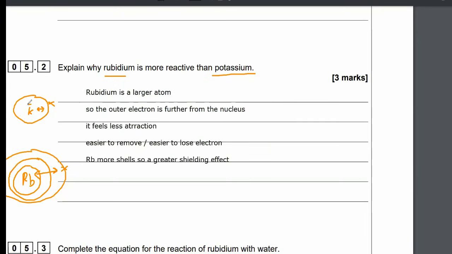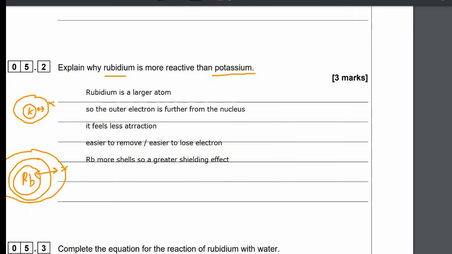Let's say potassium is just like that, it's got fewer shells blocking that attraction to the nucleus. Rubidium has even more shells blocking the attraction to the nucleus, and of course those shells are full of electrons, so they're repelling that outer electron even further away. So there's a repulsion, the electrons don't like each other, so those shells are pushing each other further away, and there's more shells in rubidium.